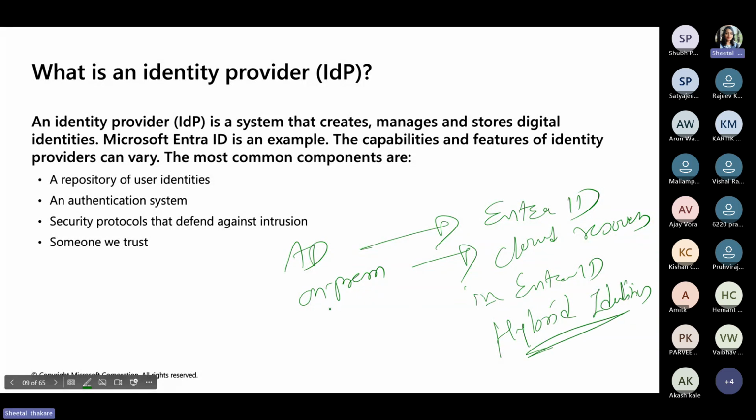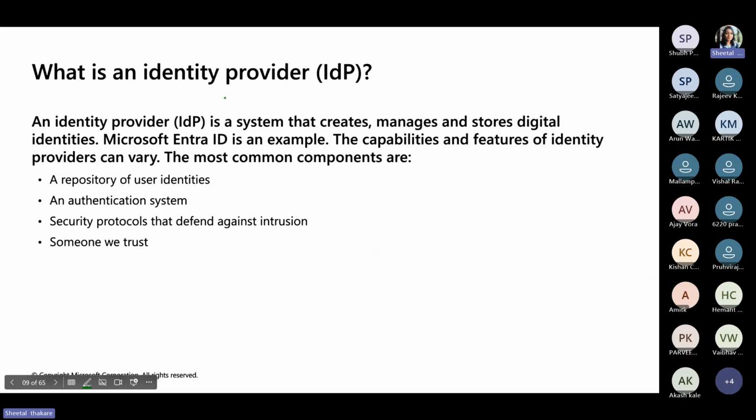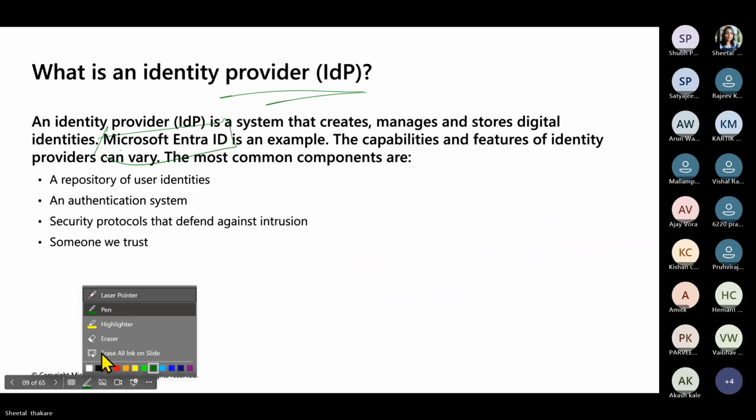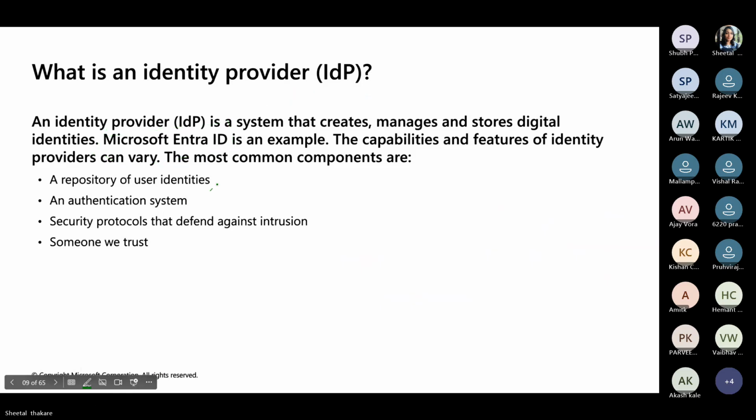They have access to both on-prem resources as well as cloud resources. The cloud identity provider solution by Microsoft is Microsoft Entra ID. It is the repository of users, the central identity provider.